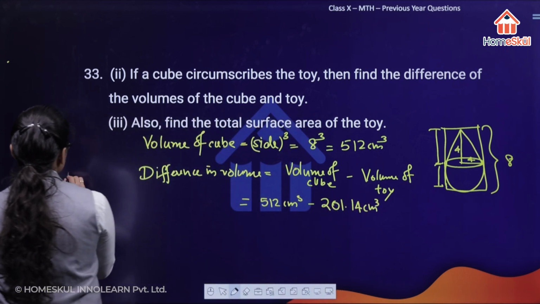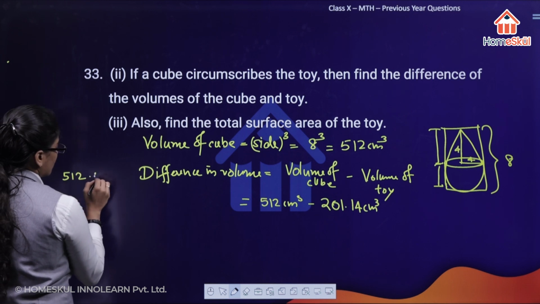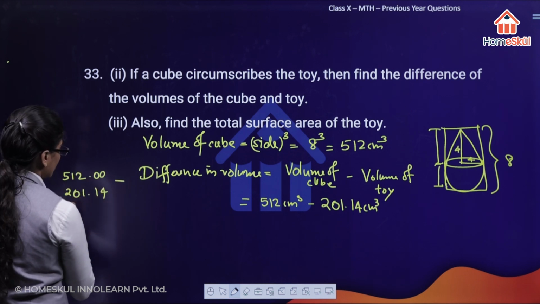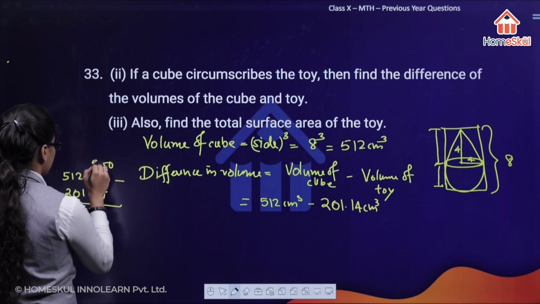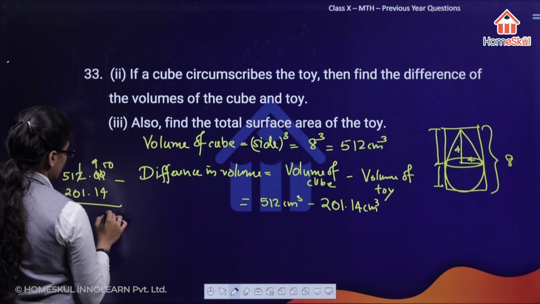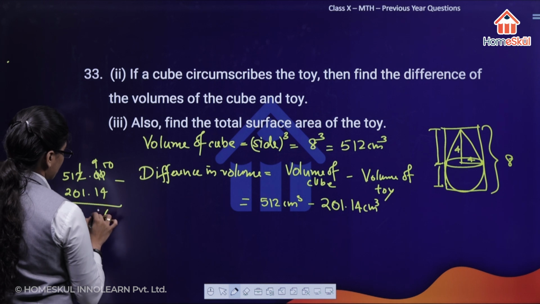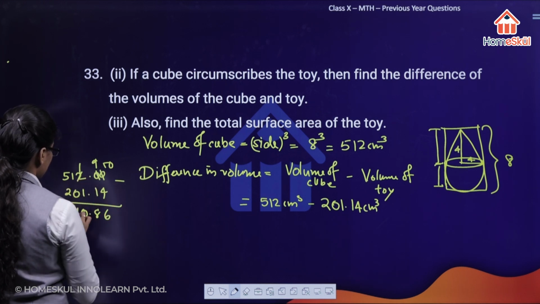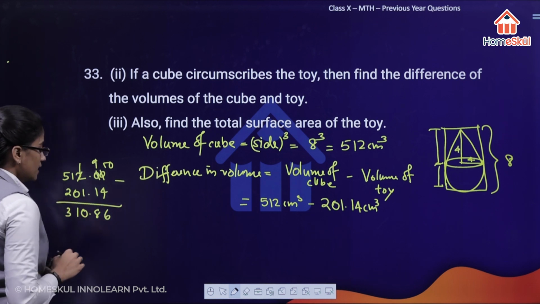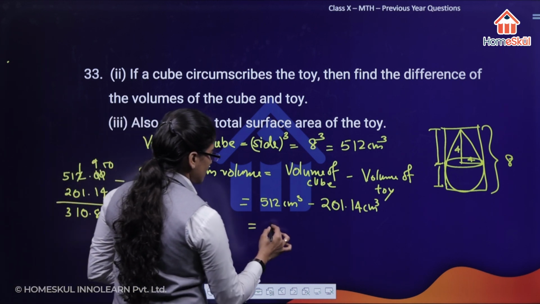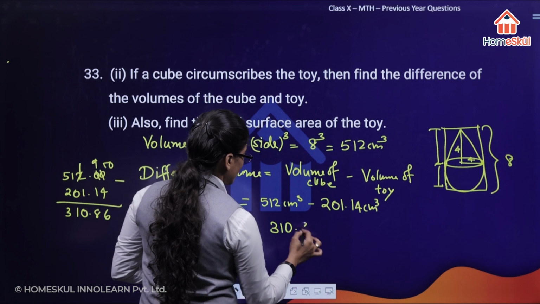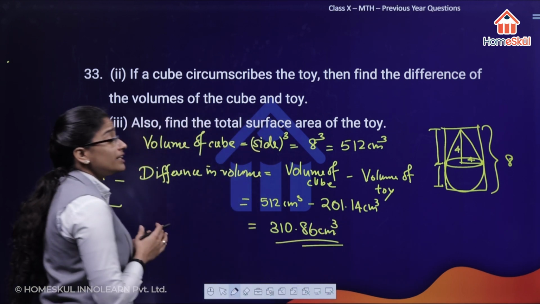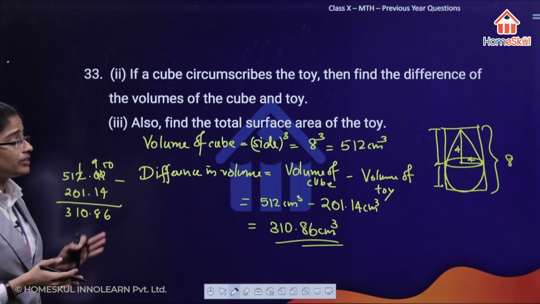So 512 minus 201.14 is 310.86. 310.86 centimeter cube is the difference in the volume of the cube and the toy.